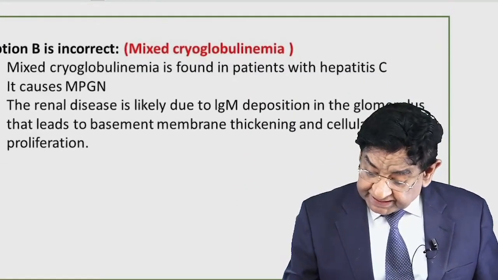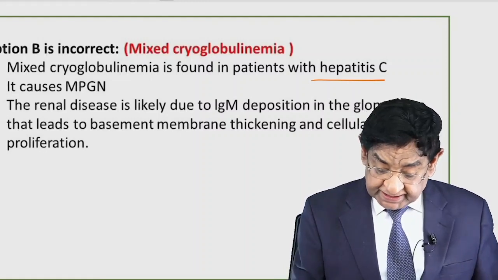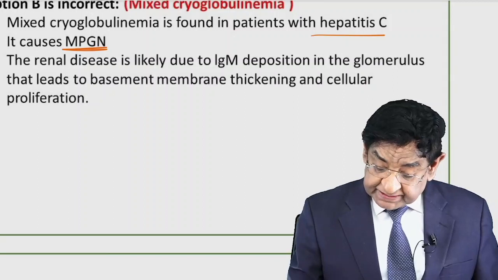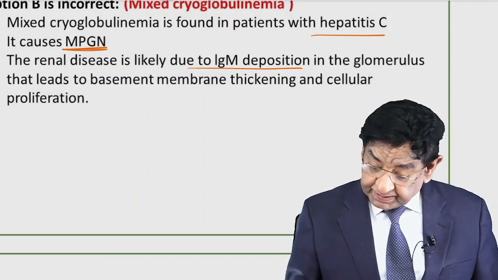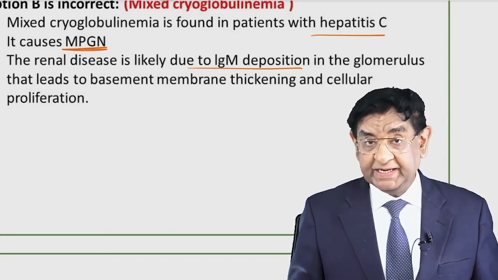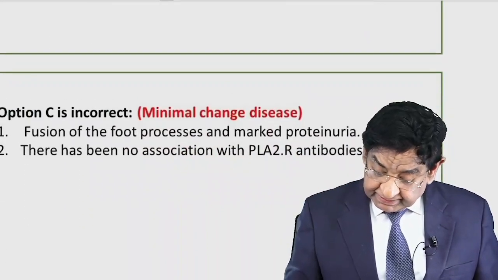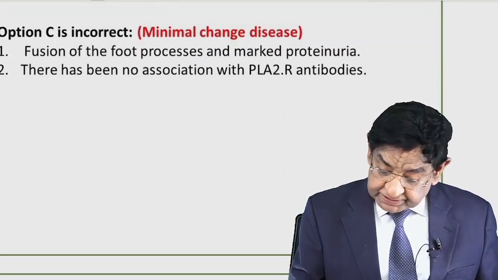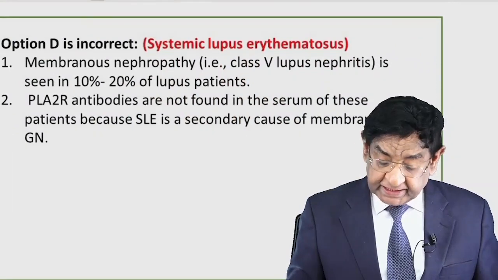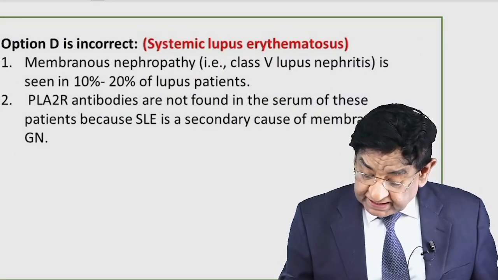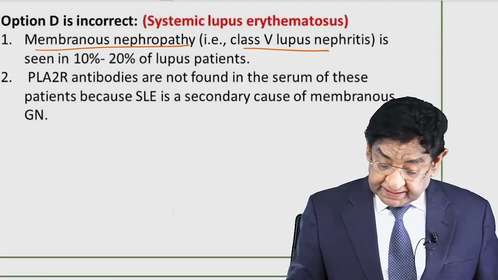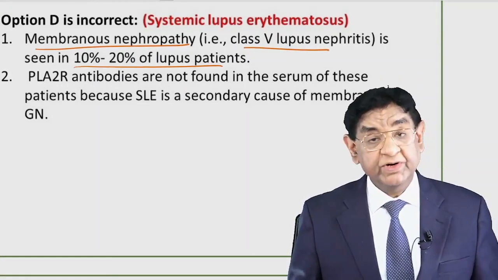This is seen in hepatitis C, mixed cryoglobulinemia. It causes MPGN. It does not lead to membranous, and there is deposition of IgM, which leads to cellular proliferation. Again, PLA2R is not seen. Minimal change: fusion of foot processes, no association with PLA2R. SLE: in SLE, class 5 membranous nephropathy can occur in around 10 to 20% of lupus cases.